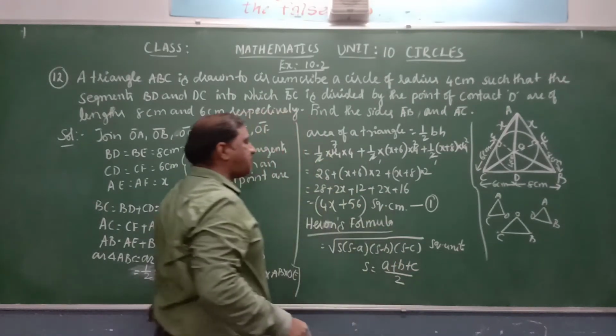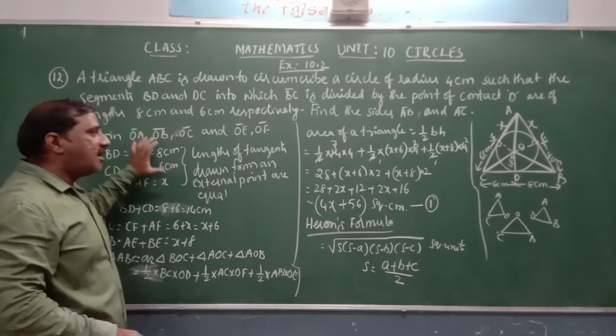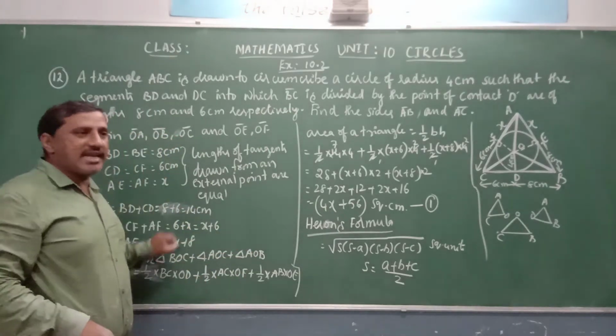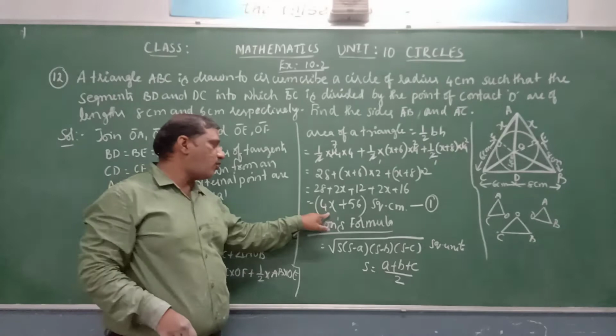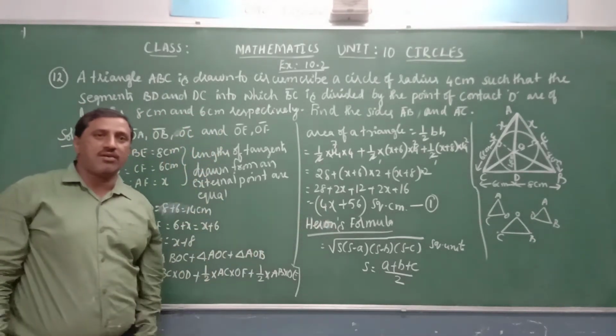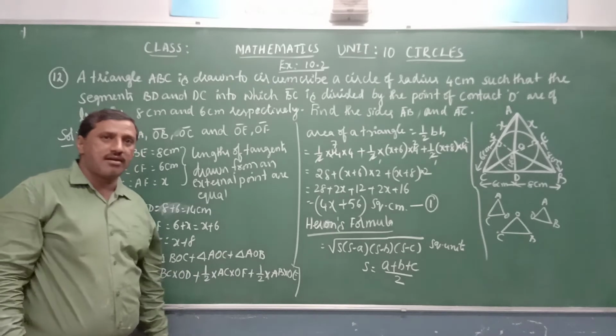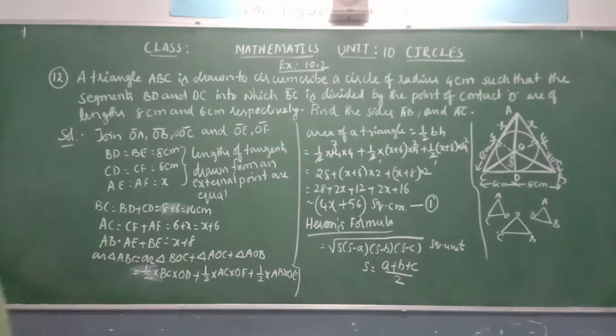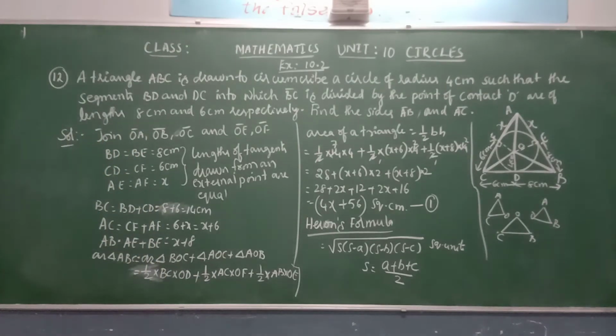We use this formula to find the area of triangle ABC. Then that area and this area 4x plus 56 are equated, and we will find the x value. Till here you understood?